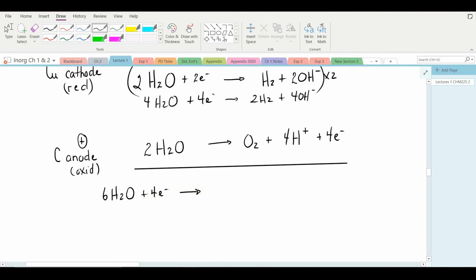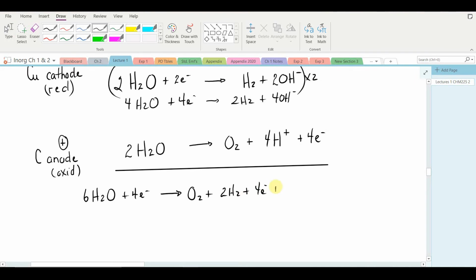On the right-hand side, we have oxygen plus 2 moles of hydrogen plus 4 electrons plus 4H+ plus 4OH minus. Now the electrons will always balance in these combined half reactions because we planned it that way, so I don't normally carry them down. I just did it this time to show you. You can normally leave them out.